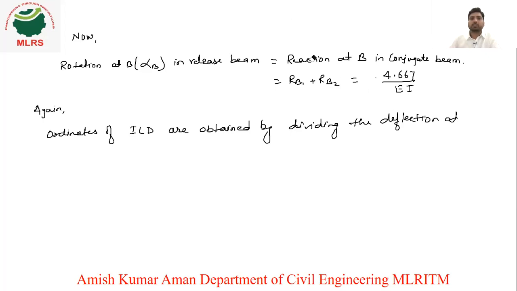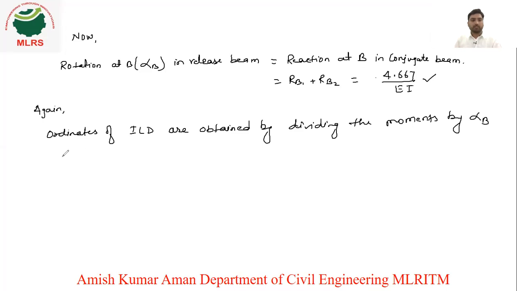And write here moments only, better, moments, that is moments by alpha B. Why by alpha B? Because we have given at that point unity, but you are getting the value as 4.667 upon EI. So to make it a unity, what will we do? We will divide it by alpha B, right? So we need to divide it by alpha B so that it will be unity only, right?